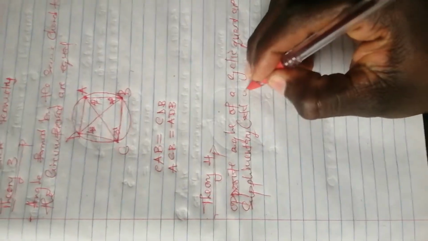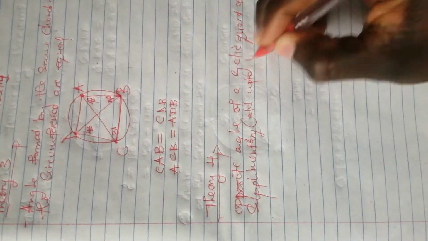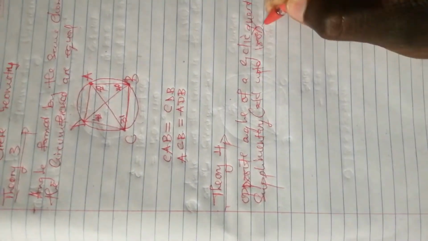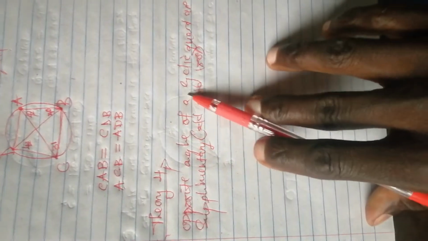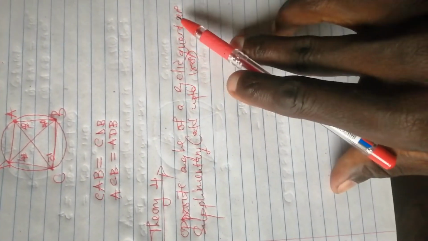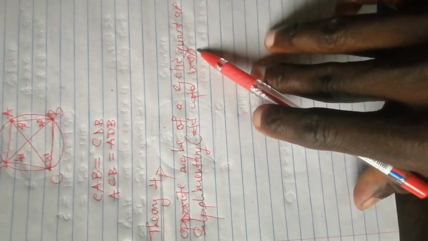What does the word supplementary mean? Supplementary means add up to 180 degrees. So in other words, we are saying opposite angles of a cyclic quad add up to 180 degrees. So let me draw the circle and interpret this theory.